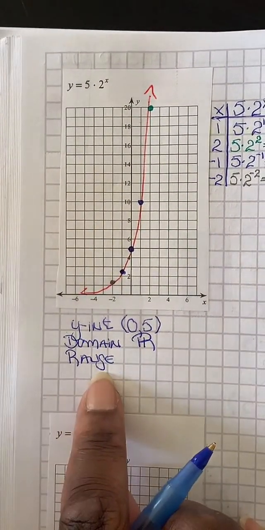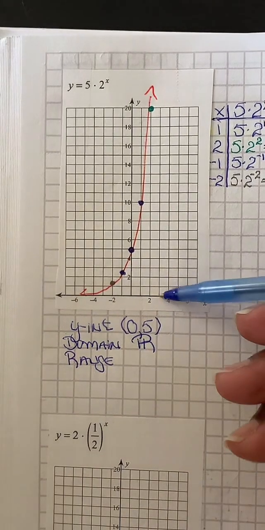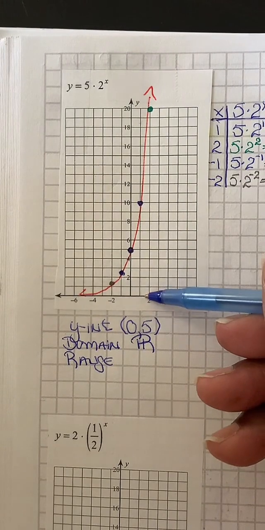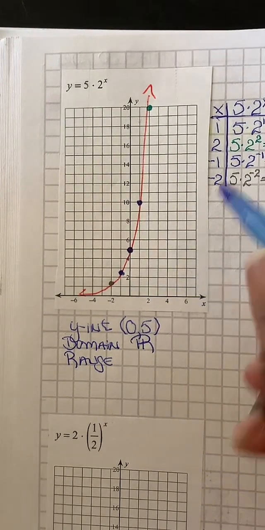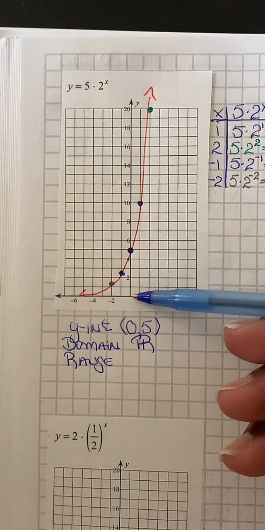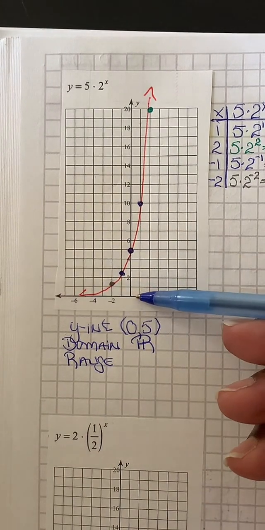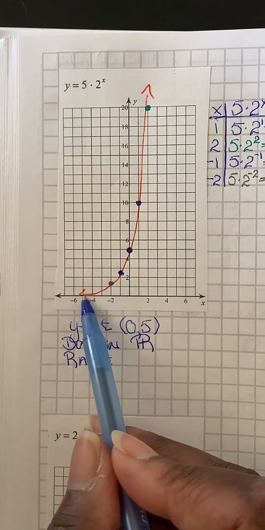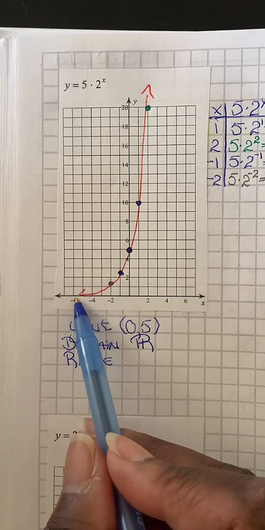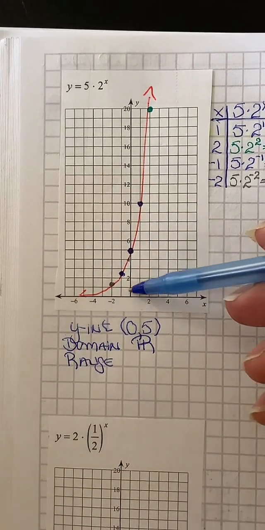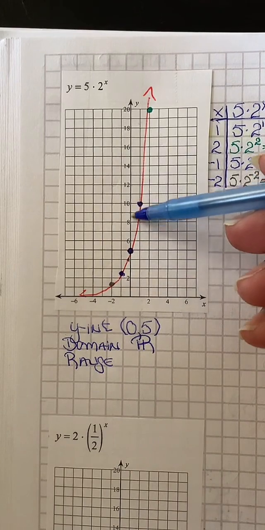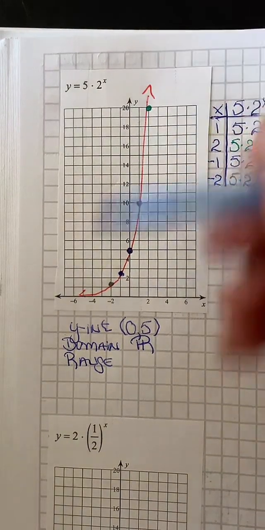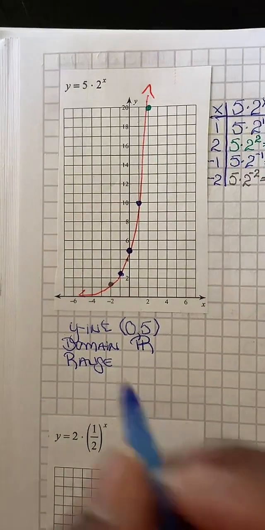All right. So our range is our y values. It's not crossing the x-axis at all. It's dealing from 0, but it's not equal to 0. It's going to get as close as it can to 0, but it's not going to equal 0. But then it's dealing with all the numbers that are positive for my y's, and it keeps going on and on all the way to positive infinity.